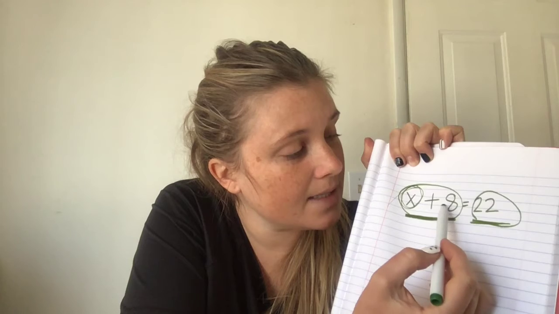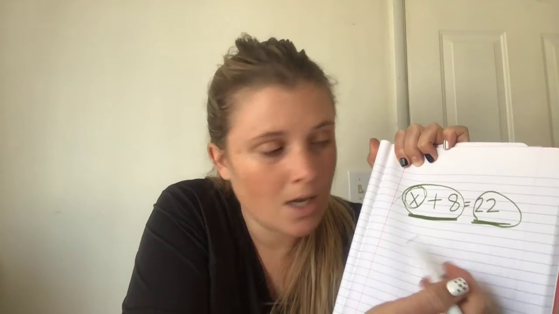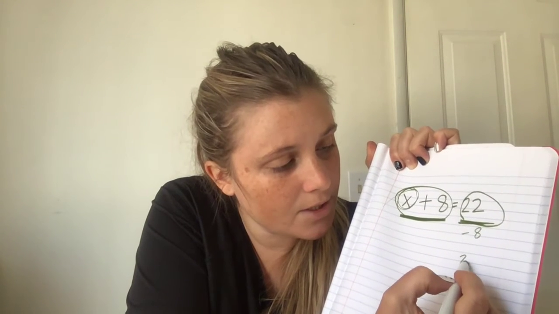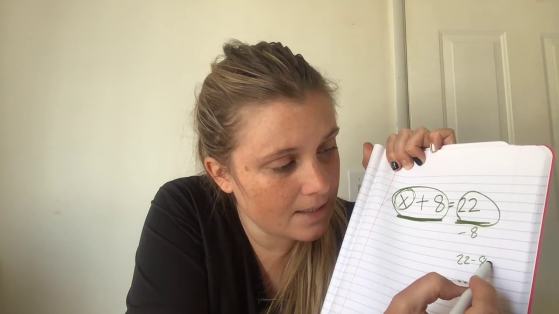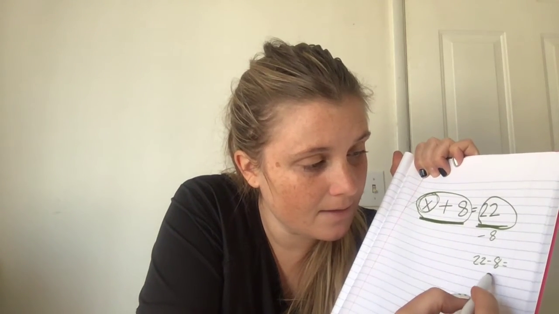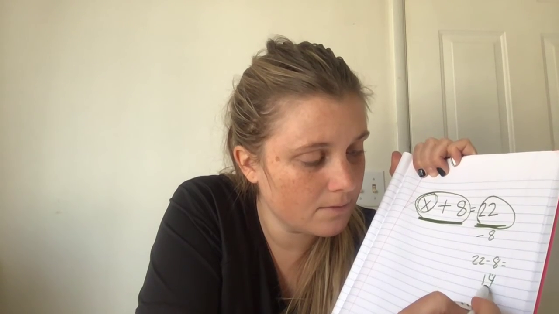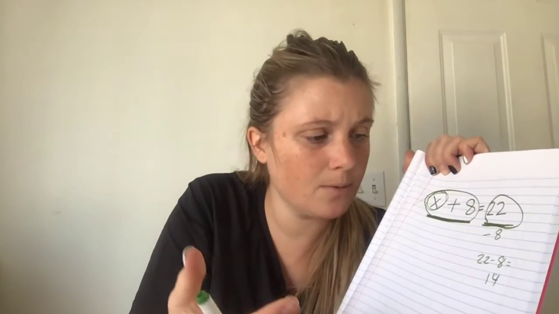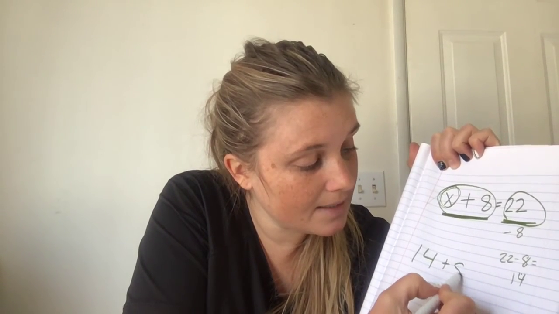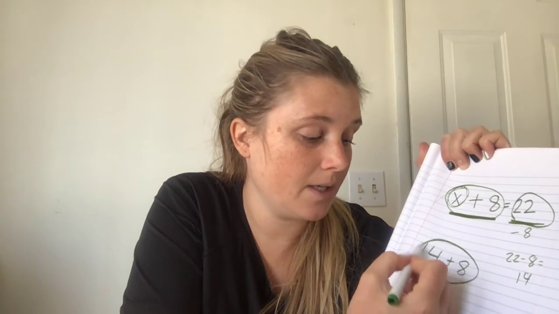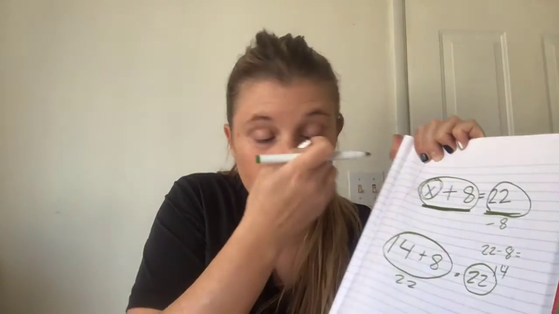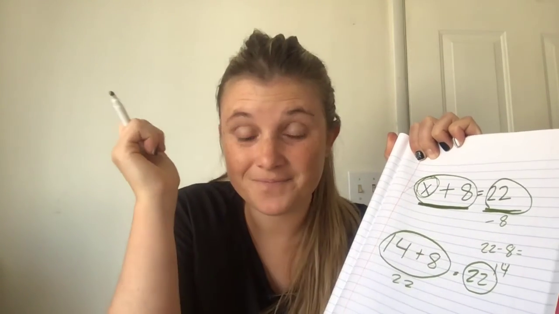If we've got plus 8 here, why don't we take 8 away from this 22? So 22 subtract 8 equals 14. Now 14 plus 8 equals 22. And this equals 22. So did we get it right? Yeah.